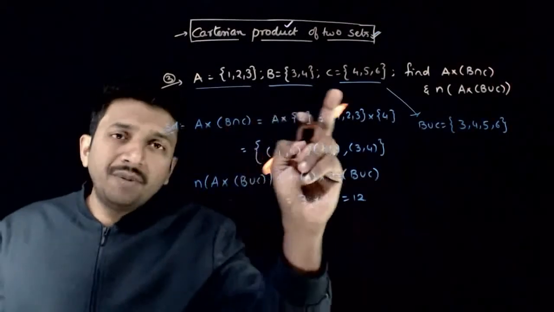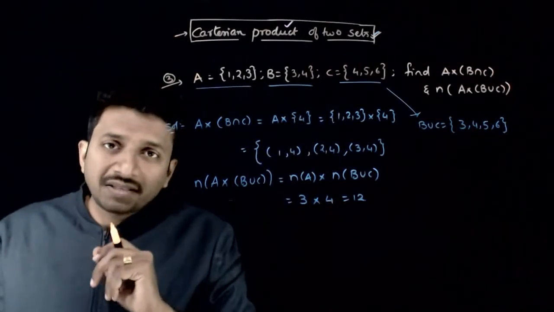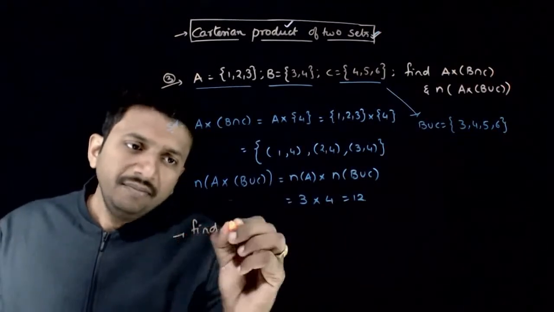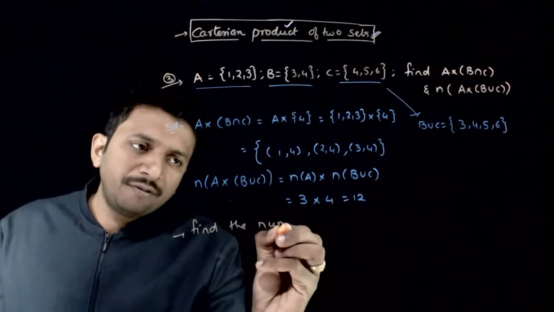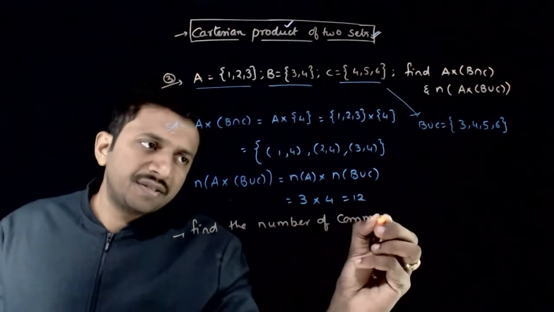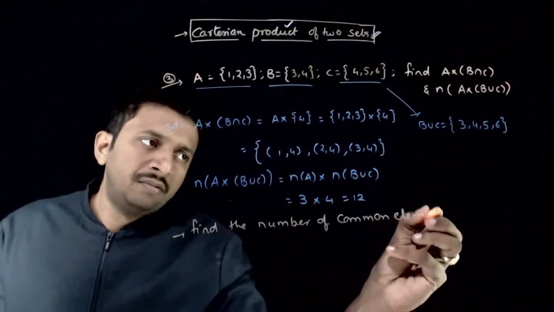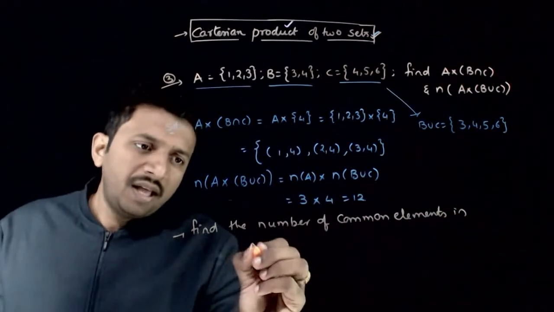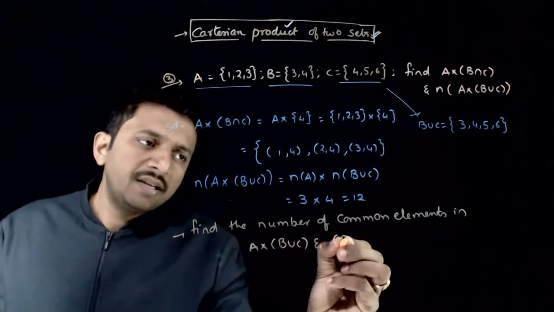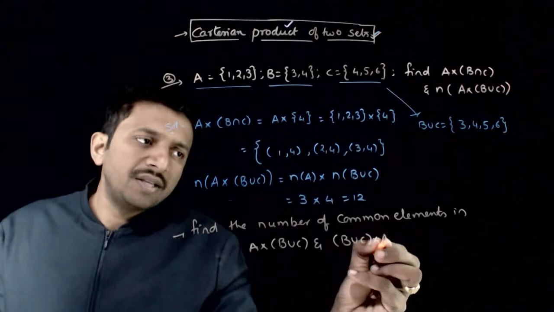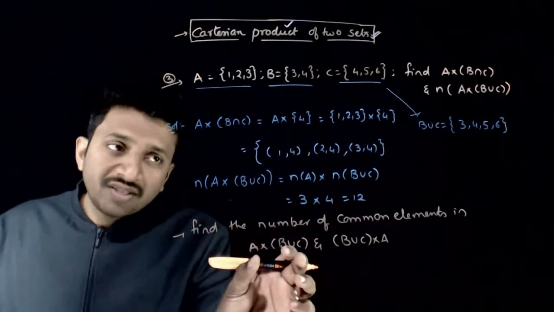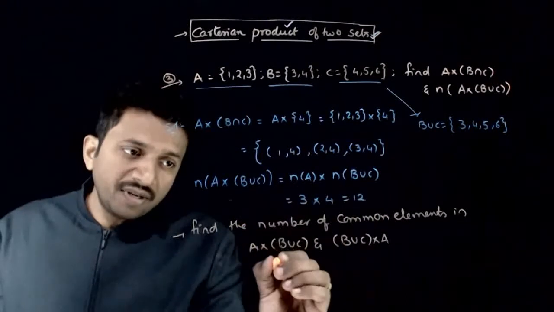So with the same information, another question can be asked. So if the question is something like this, find the number of common elements in A × (B ∪ C) and (B ∪ C) × A. We have already seen that A × (B ∪ C) contains 3 into 4, 12 elements.